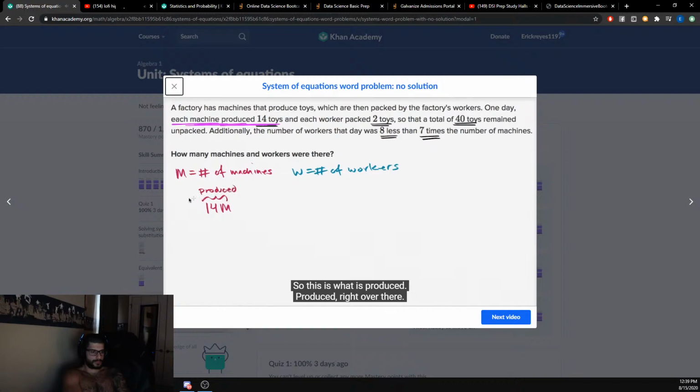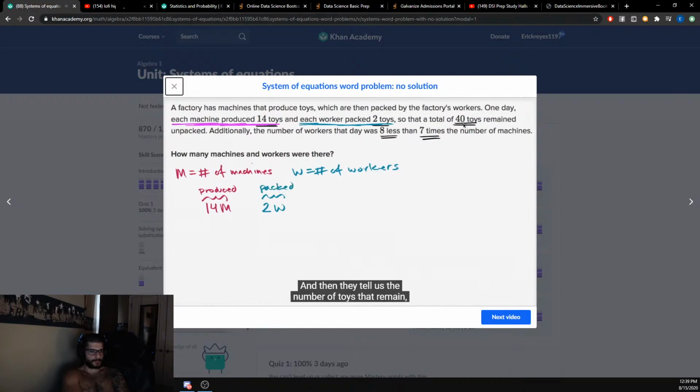And then how many toys are going to be packed? Each worker packed 2 toys, so the total packed is 2 toys per worker times the number of workers. That's the number of toys packed.